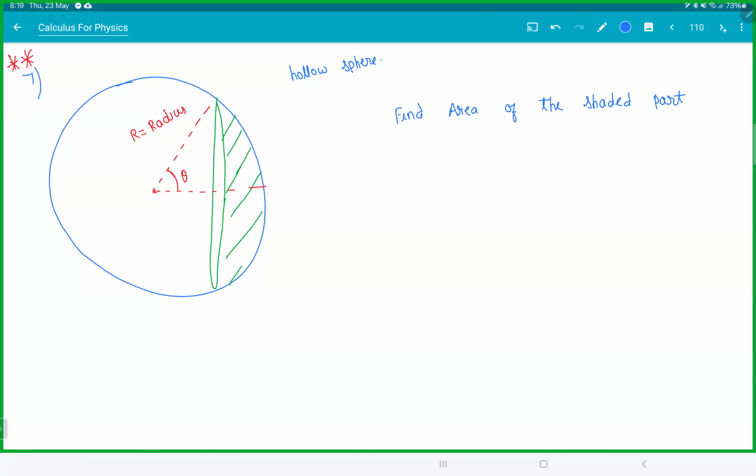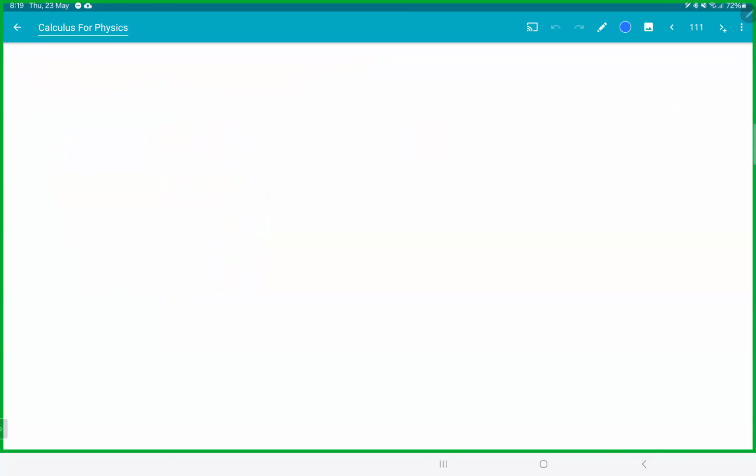See, listen carefully. This is a little different from the regular ones. So we have the sphere. So I'll just take part of it. So this is your center.